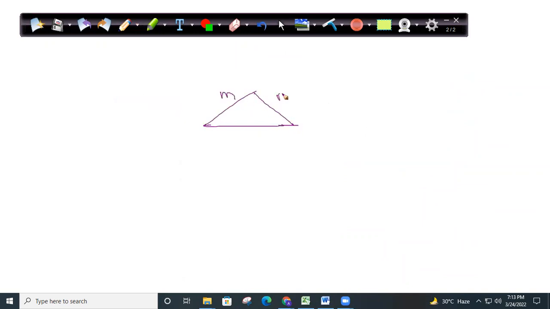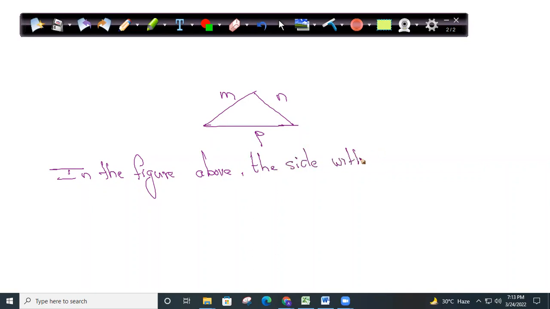This is M, this is N, this is P. In the figure above, the side with length P is the longest side of the triangle.